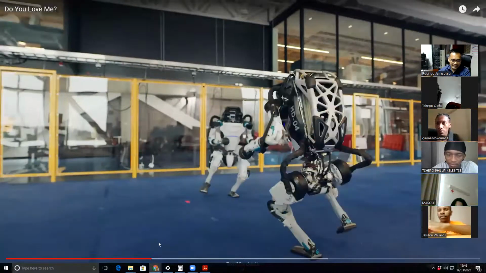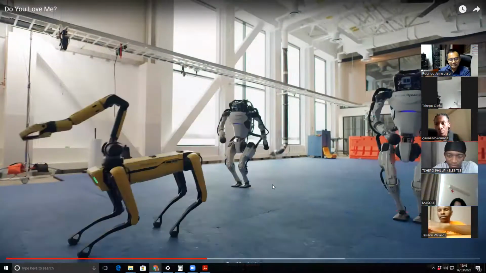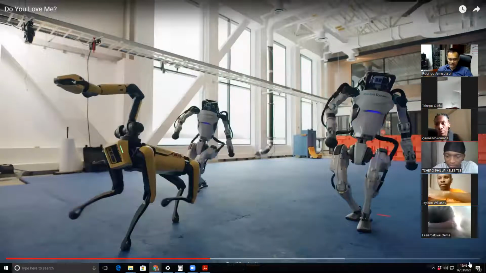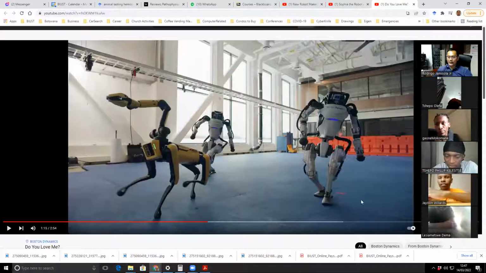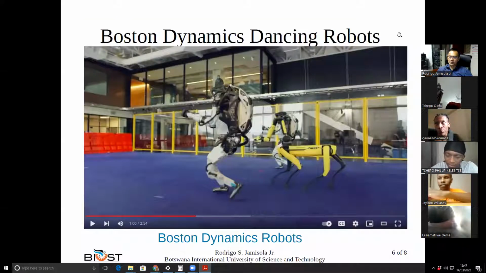Look at those joints. But I hope they will use my equation to make their maneuvering a lot more agile. I have a method to do that.